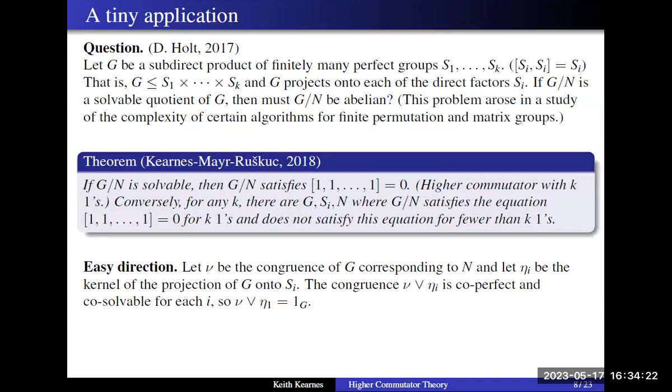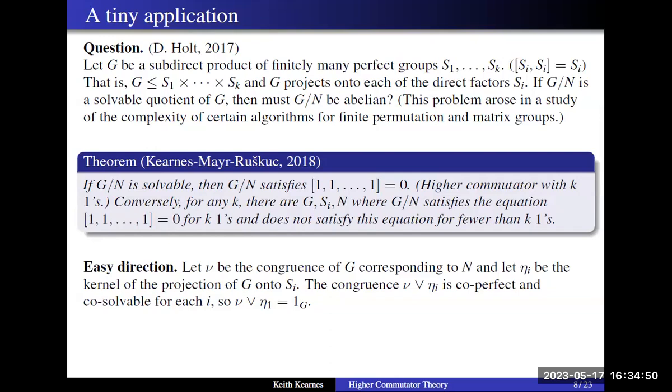So if I look at nu, which is co-solvable, and A_i, which is co-perfect, their join, which is above them, must be both co-perfect and co-solvable, but only trivial groups can be perfect and solvable. So this join must be the top congruence. It's the top congruence of G. It's 1. So this join is 1 for all i.